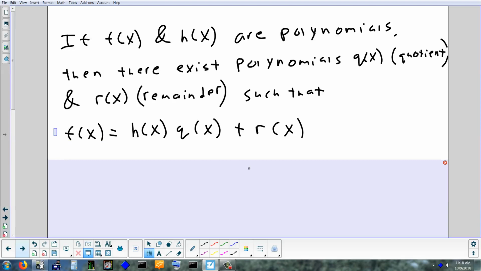If you divide them, you're going to get a quotient and a remainder. I'm calling the quotient q of x and the remainder r of x. I can't say that the quotient and remainder are going to be numbers. It might not be. In the last problem, they both had letters in them. In the problem before that, I think the remainder was just a number.